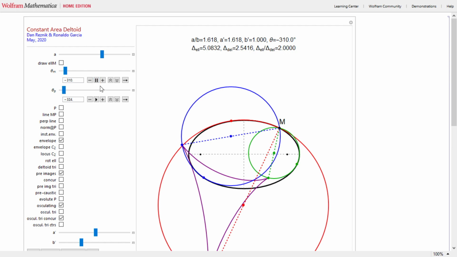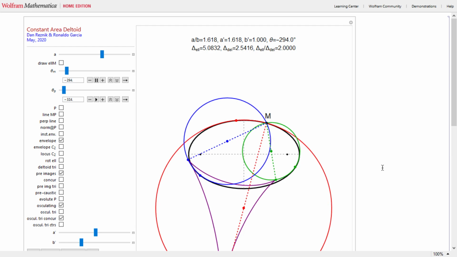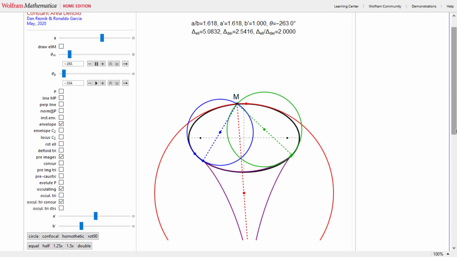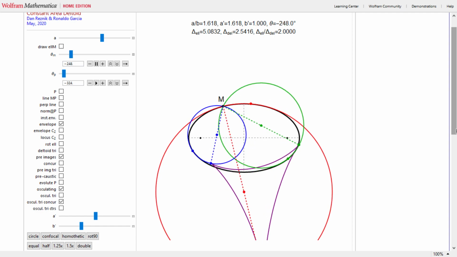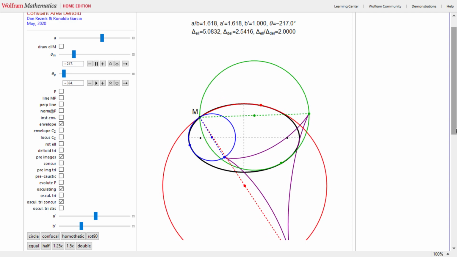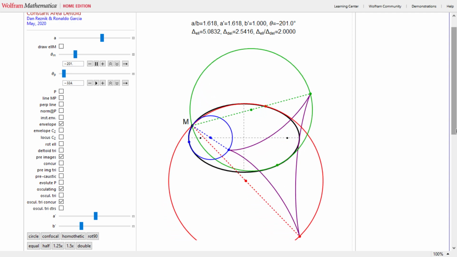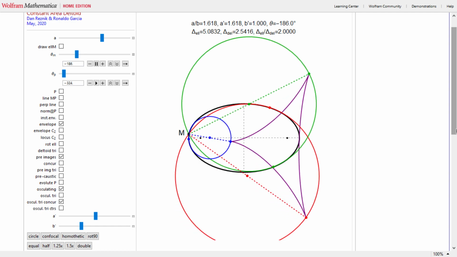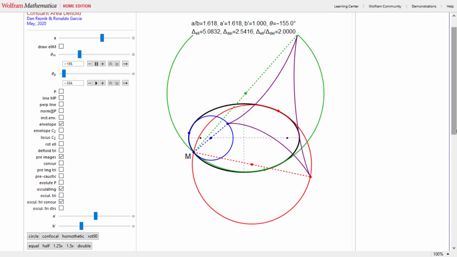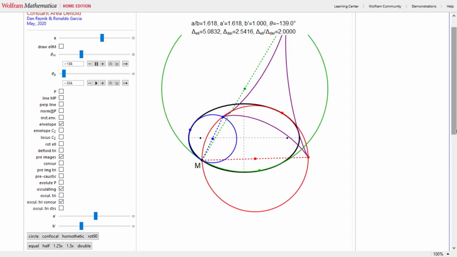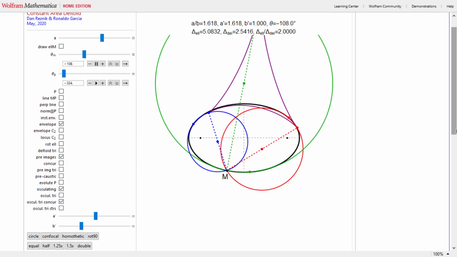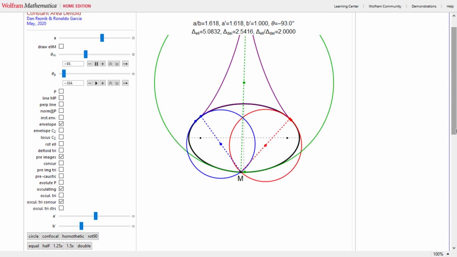Magically, these three lines concur at M, and they are diameters, since they connect a point on the circle, which is a cusp, to its center. They must be diameters. And these three diameters, shown dashed green, dashed blue, and dashed red here, concur at M. So not only do the circles meet there, but the diameters concur there.